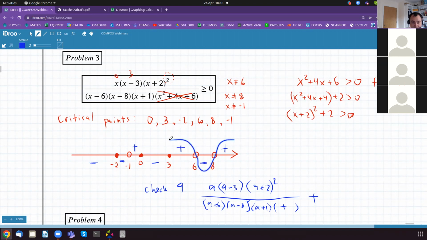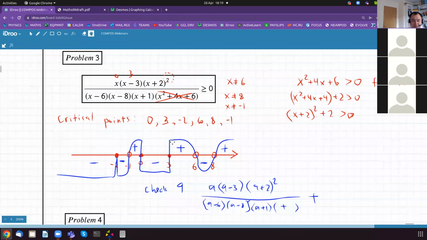This is going to be square because the dot is shaded. Here we have a square bracket, but then we go down again and continue this way.